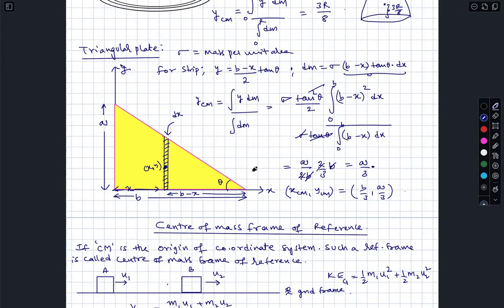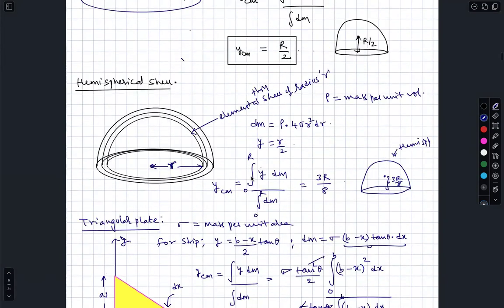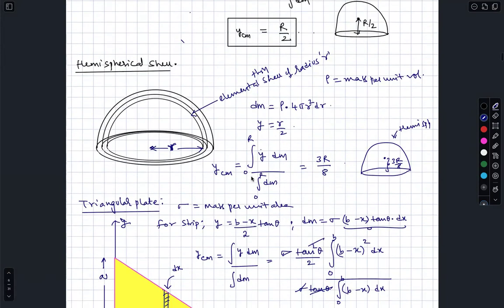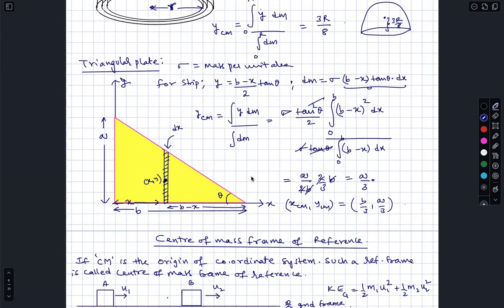No doubt, sir. So finally what you need to remember: shell R by 2, hemispherical shell 3R by 8, triangular plate B by 3 comma A by 3, and two more things are also there.